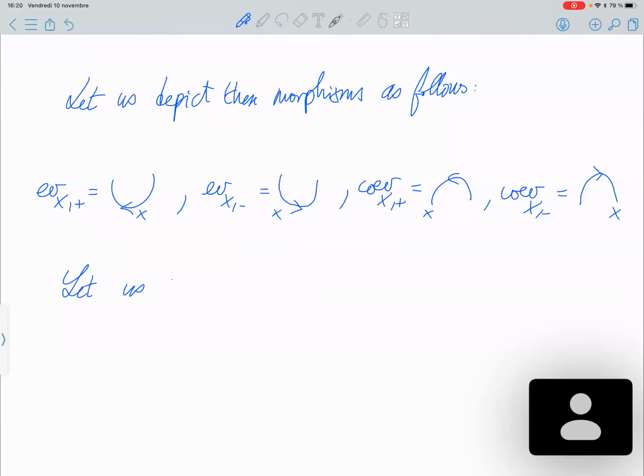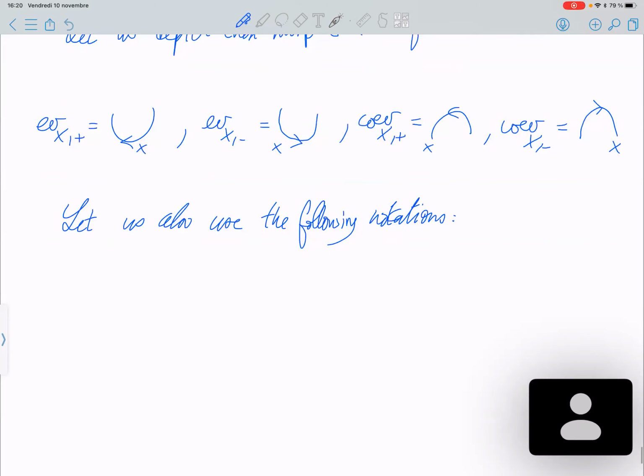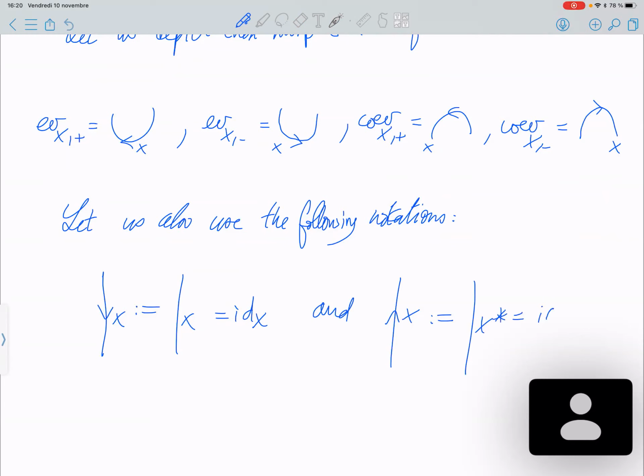So let us also use the following notation: this is the identity of X, and the opposite orientation is, by definition, the identity of X star.